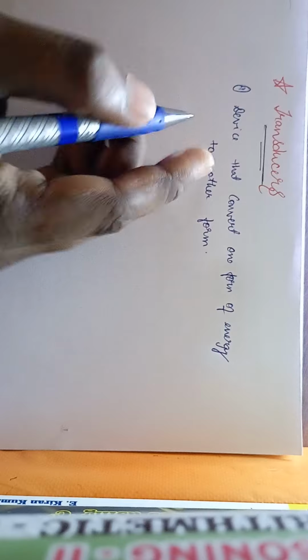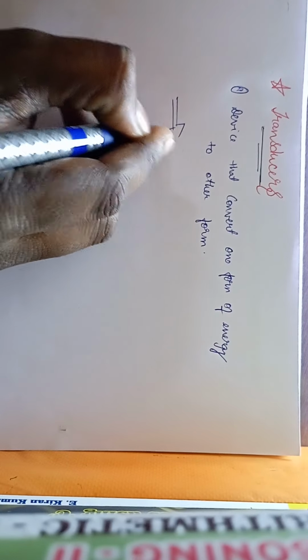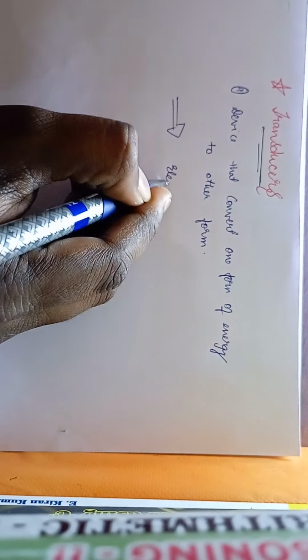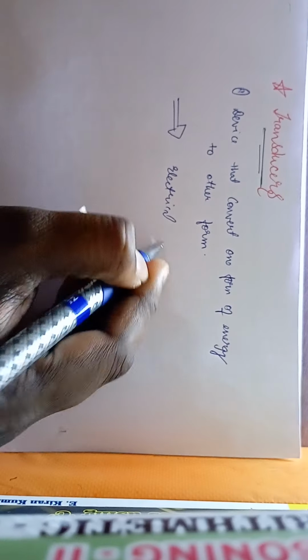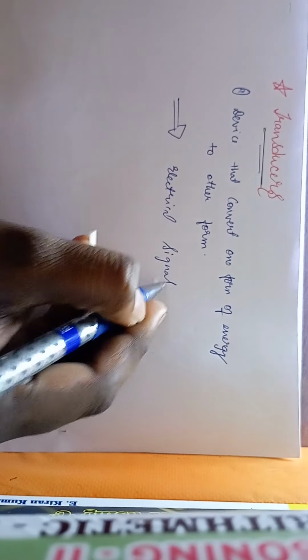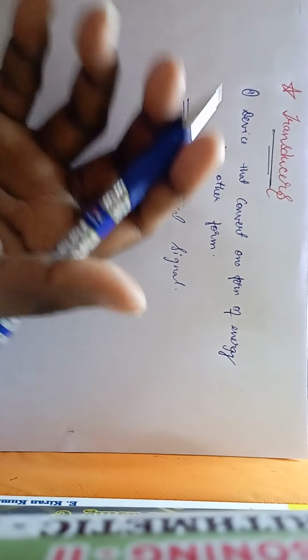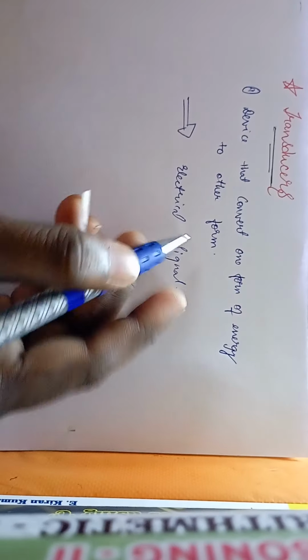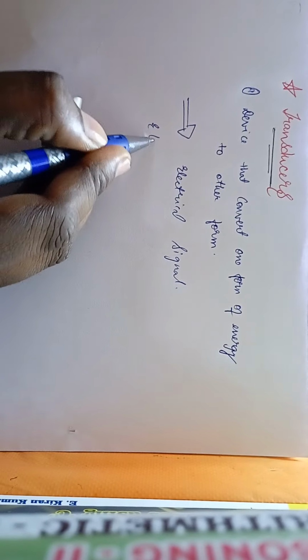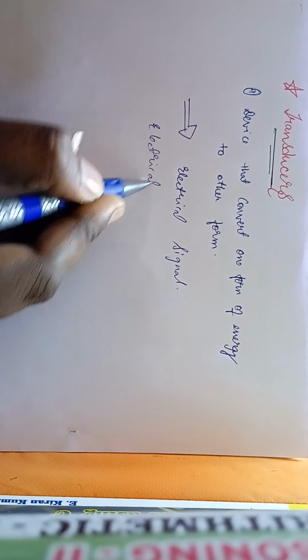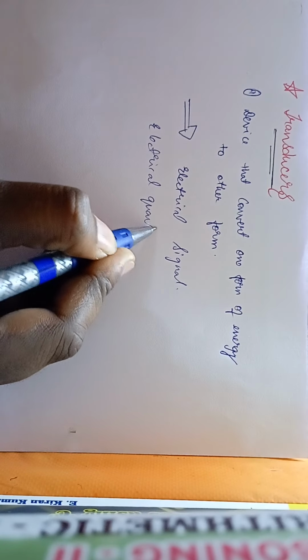So mostly, the output of your transducer will be an electrical signal only. Otherwise, how can we put it, it's a device that is capable of converting a physical quantity into a proportional electrical quantity. So what are these electrical quantities?